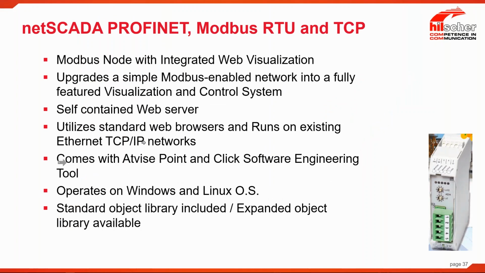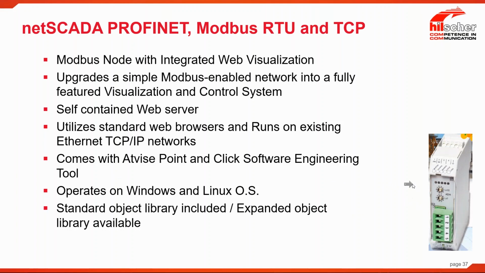We also have a solution for Modbus, RTU and TCP, and also Profinet. The hardware is a little bit different. It's a DIN rail mounted box, but it works in the same way.